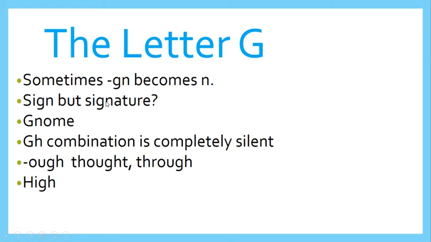So sign, silent G, but signature, G, it's pronounced. And then we have a GH combination. Many words in English are spelled with a GH, and that GH is almost always silent, like thought, or through, or high. There's no sound at all. Pay attention to that.